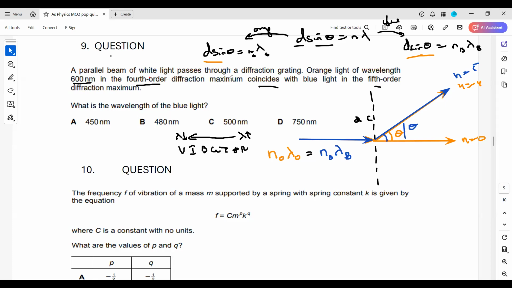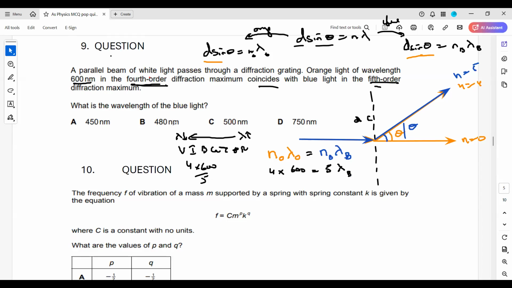The order of the orange was the fourth order maxima, so we put 4. All the options are in nanometers, so I don't have to convert the unit. I can simply take 600 because the final answer will be in nanometers. The order for blue light is the fifth order, so n equals 5, and lambda_B we don't know. So 4 multiplied by 600 divided by 5.